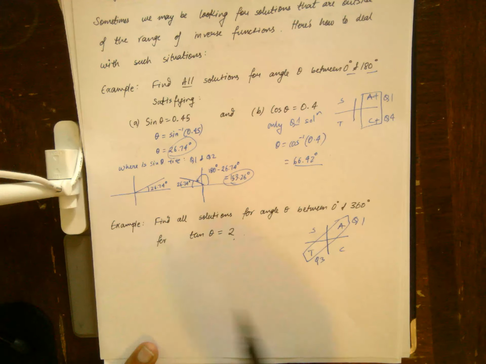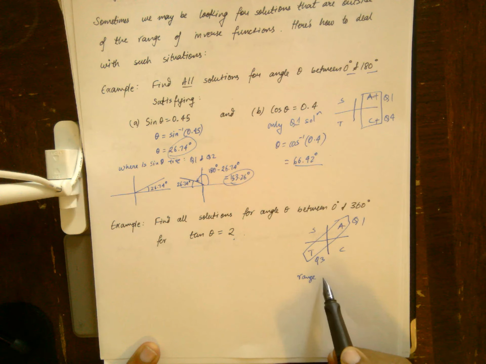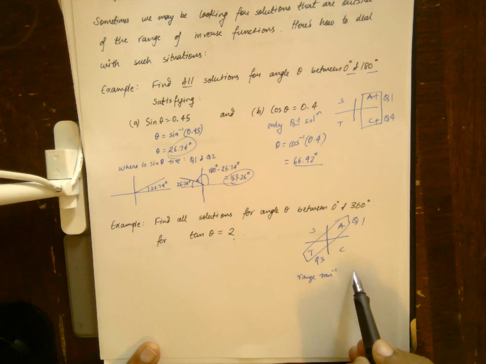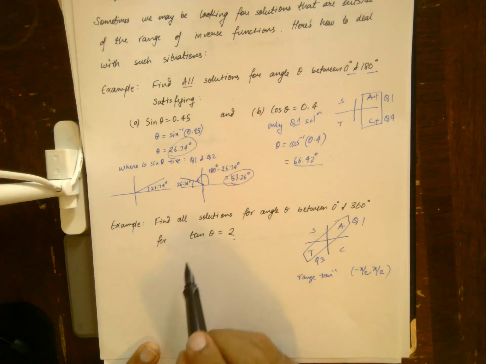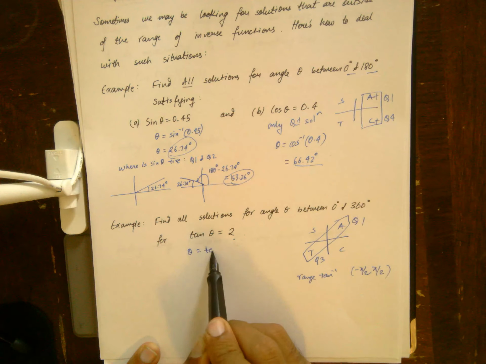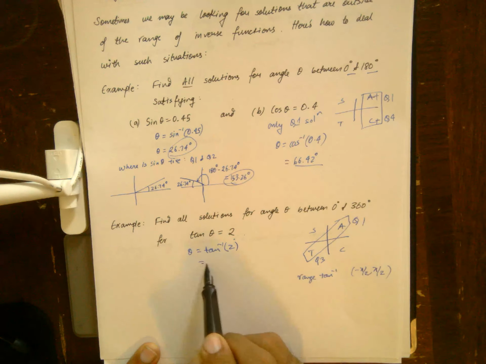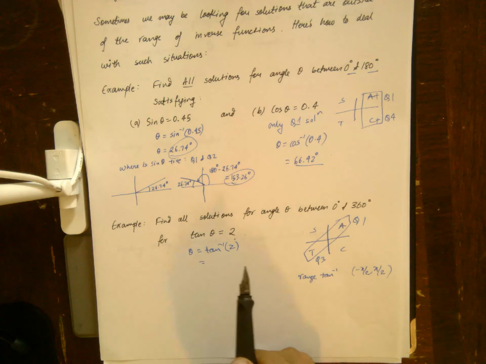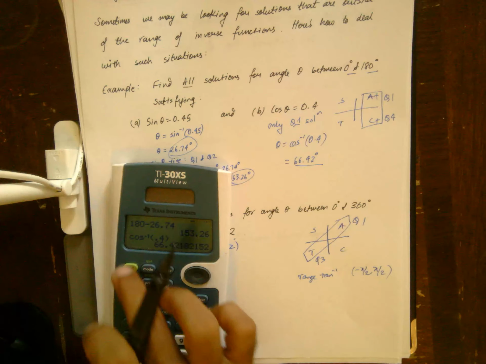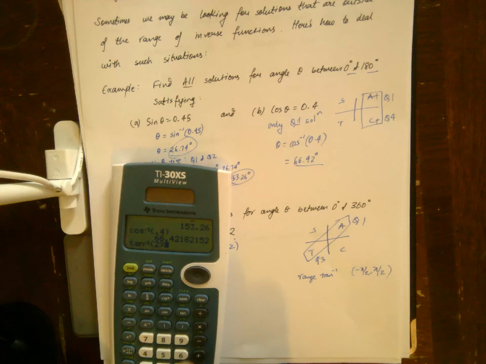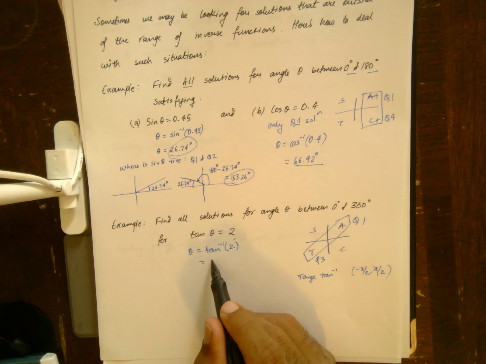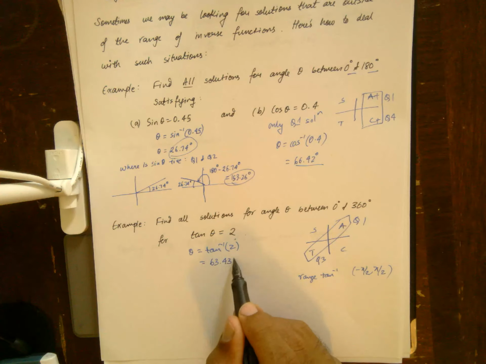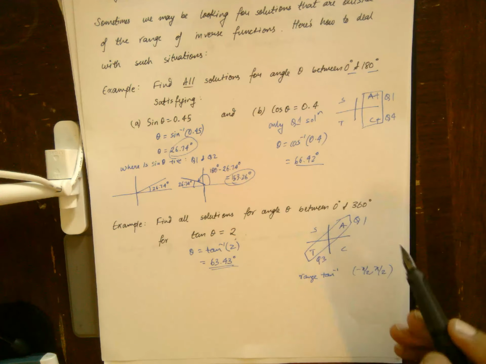Now since the range for inverse tan is also negative pi over 2 to pi over 2, the natural answer that I get from the calculator is going to be a quadrant 1 angle. So I go tan inverse of 2 gives me 63.43. So that is quadrant 1.